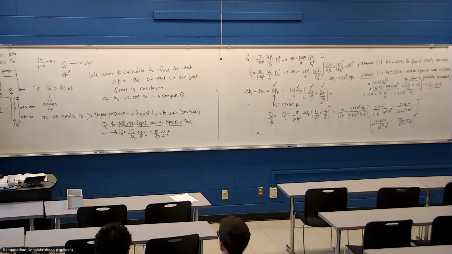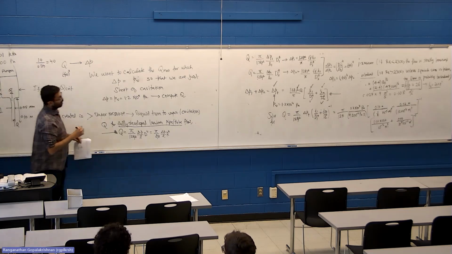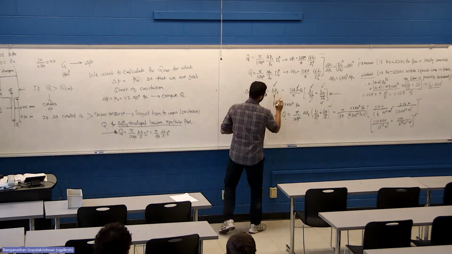If we represent this as PA and this as PV, the pressure cannot drop below PV. So the allowable pressure drop would be PA minus PV. So I guess this must be the value that should have been used.